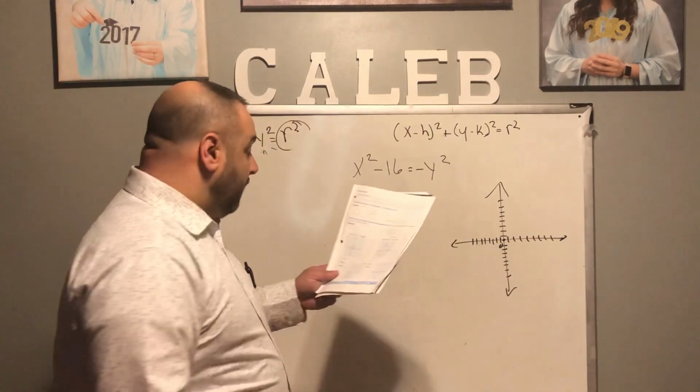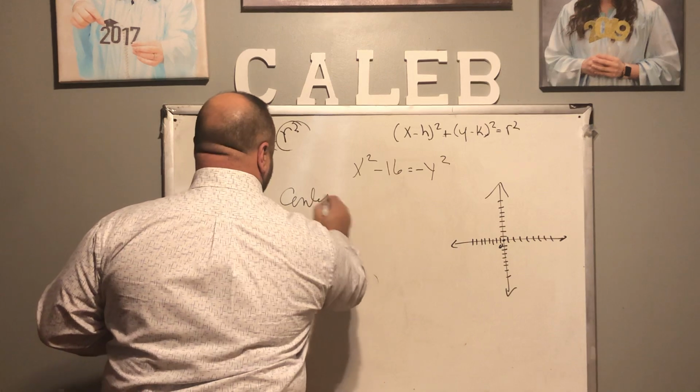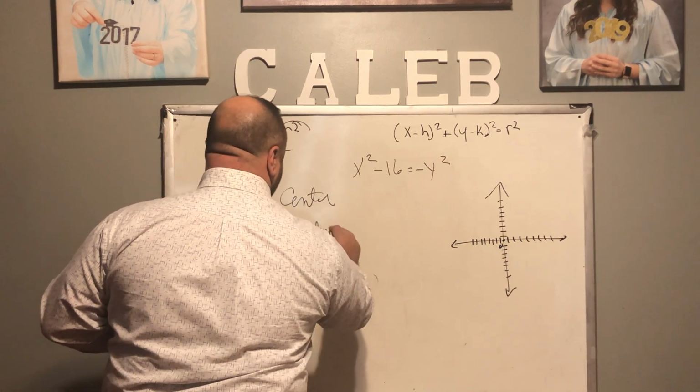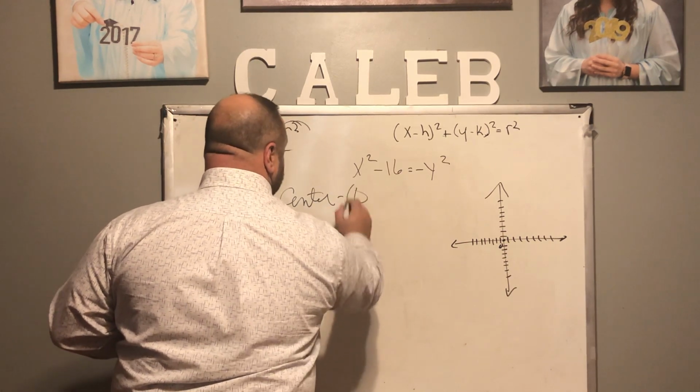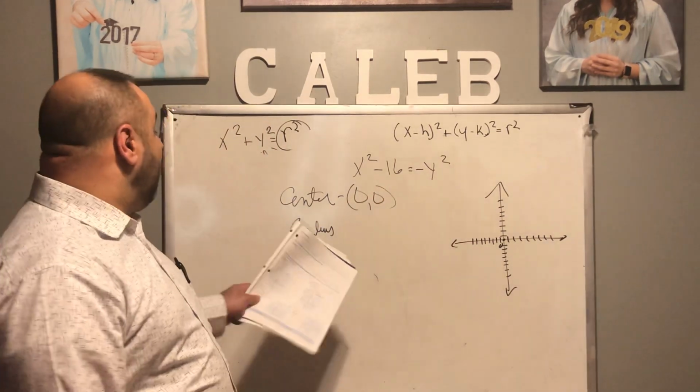Okay, here we go. Now, what's the center and what is the radius? We know the center is going to be 0, 0. That's real simple. Now, what's the radius?